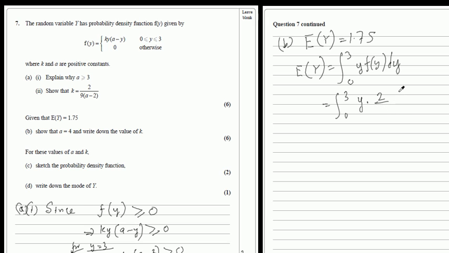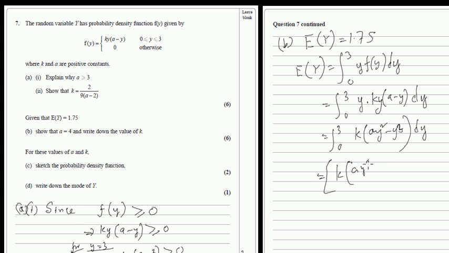It's a good idea to just keep the k, because otherwise it looks very complicated. So k times y(a − y) dy. If we multiply, it would be k(ay² − y³) dy. There is a y here, so this would be ay² minus y³. Now if we integrate, this would be k[a y³/3 − y⁴/4] from 0 to 3.